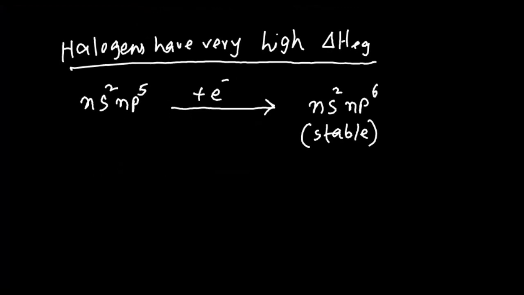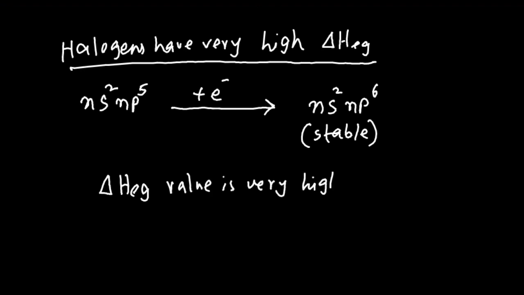Okay, so that is the reason why halogen atoms have a strong tendency to accept an additional electron, and as a result, the numerical values of their electron gain enthalpy are very high. That is why their delta HEG value is very high.